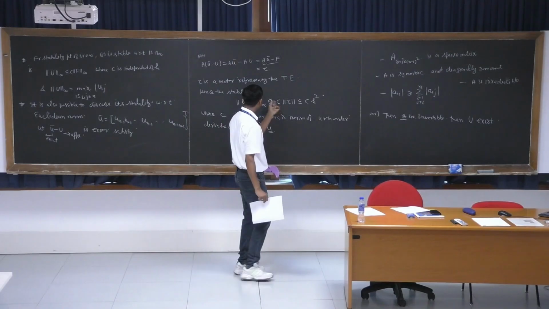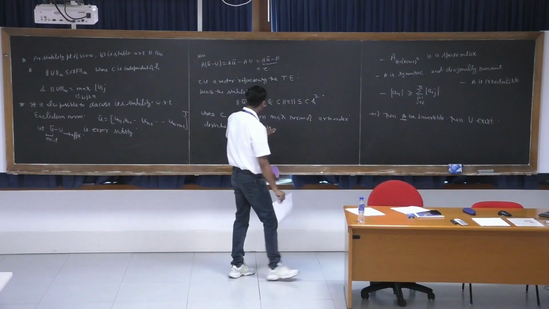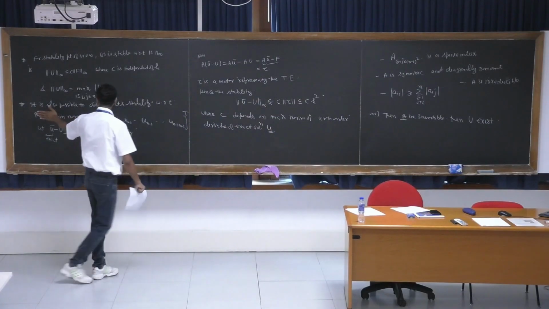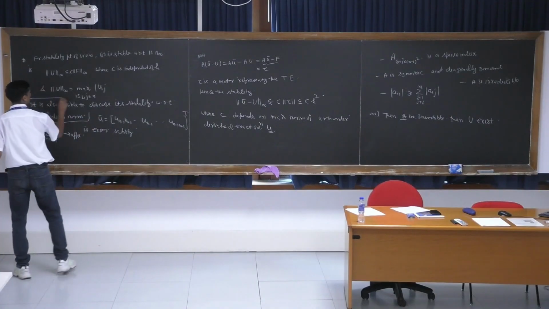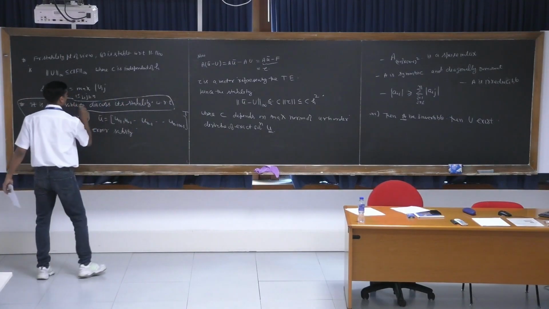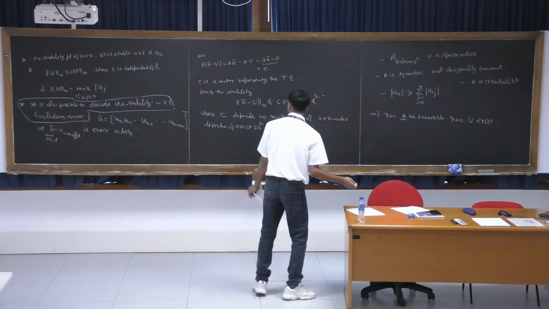I am just giving a brief statement here, not the whole derivation. I told you that it is also possible to do the stability estimate in the Euclidean norm. So that is another concern.